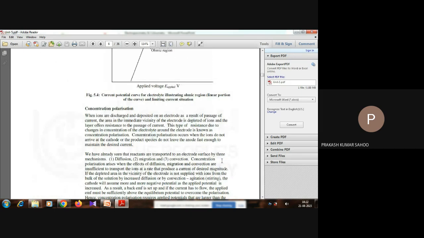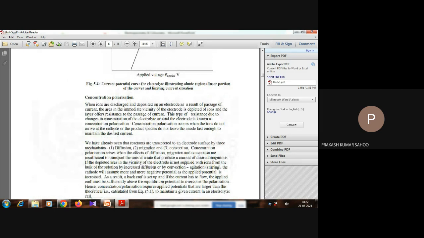And there will be concentration polarization also, as already we have discussed, when the applied voltage exceeds the limiting value, then through the membrane, that is through the liquid junction potential, which acts as a membrane.